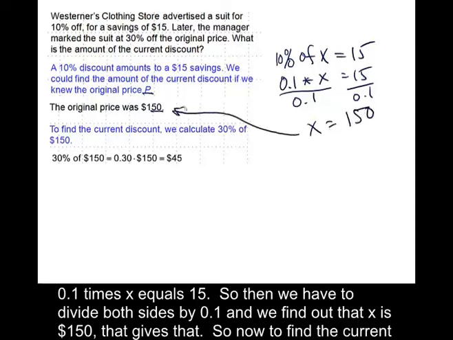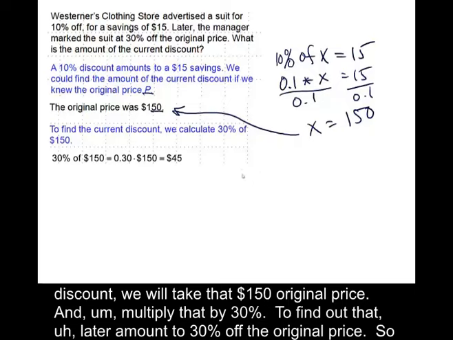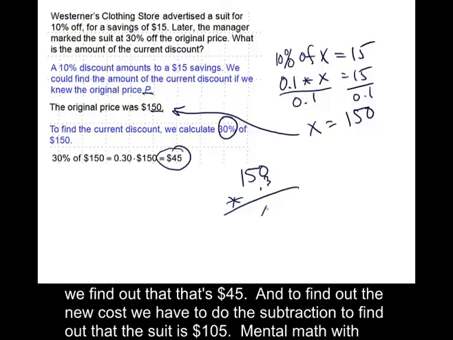So now to find the current discount, we take that $150 original price and multiply it by 30%, since the manager later marked it 30% off the original price. So we find out that that's $45, and to find out the new cost, we do the subtraction to find out that the suit is now $105.